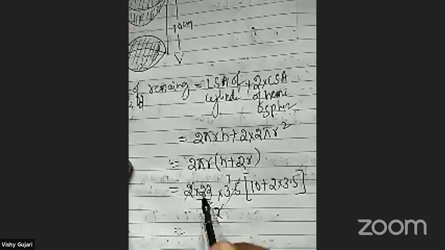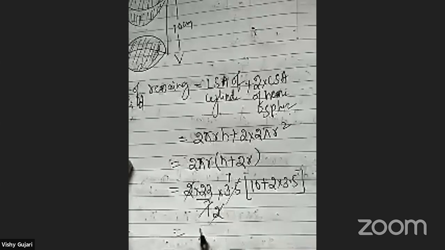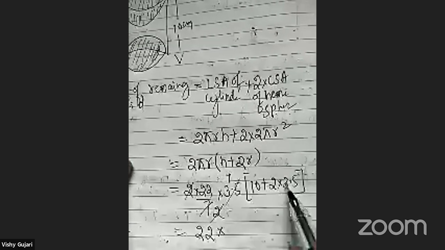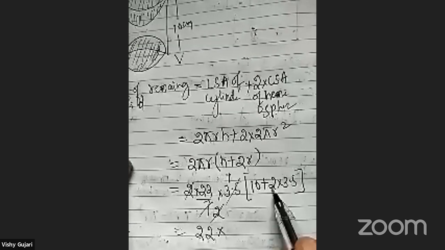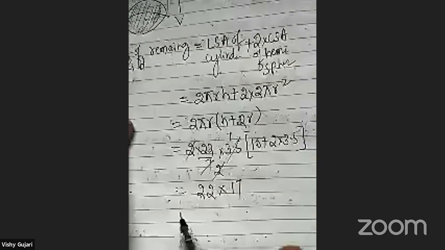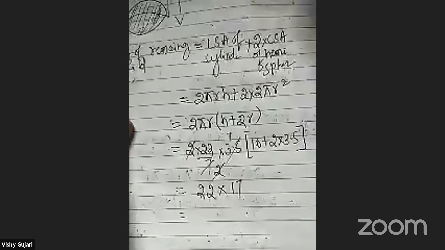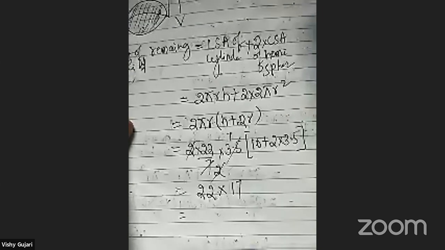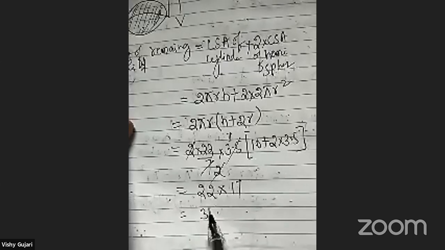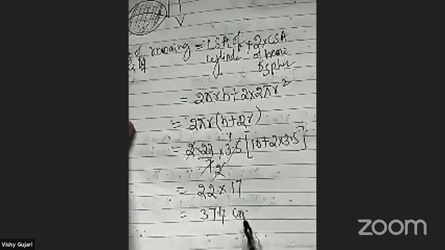What remains? 22 into 7 plus 10, that is 17. 22 into 17, how much will you get? 374 centimeter square.